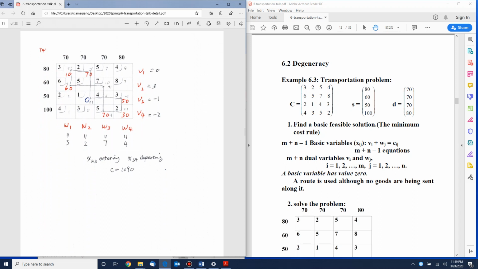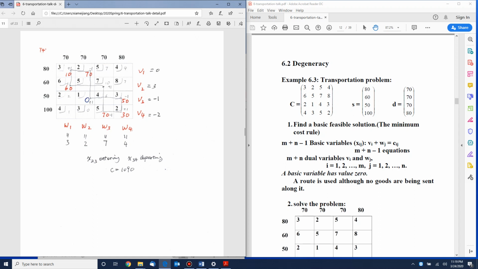And then with W2 equals 2, from cell 3, 2, we can get V3 equals minus 1. When we have V3 equals minus 1, we can get W4 equals 4. And when W4 equals 4, we have V4 equals minus 2.